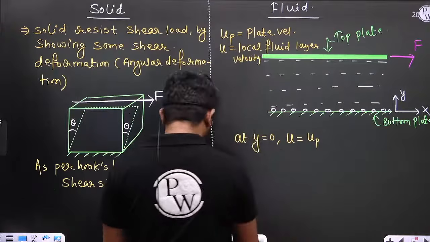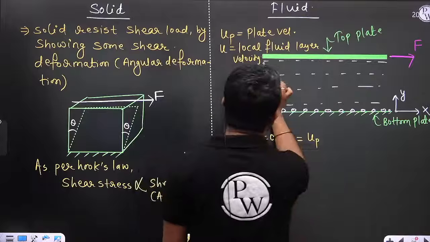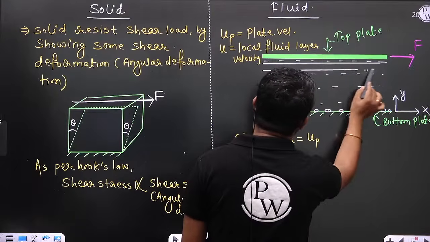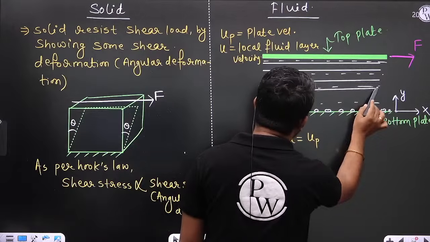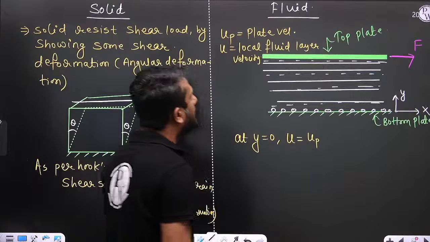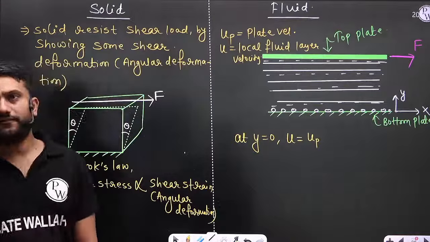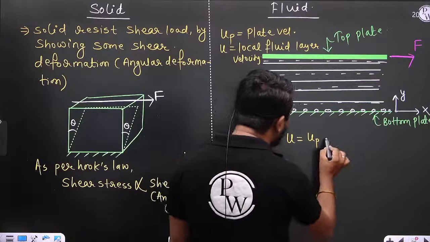There are a number of layers of fluid particles, like this. So U is equal to the local fluid layer velocity. At y is equal to 0, U is equal to UP.